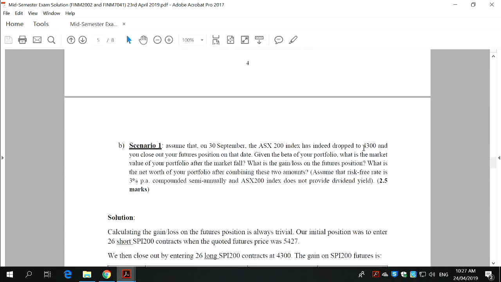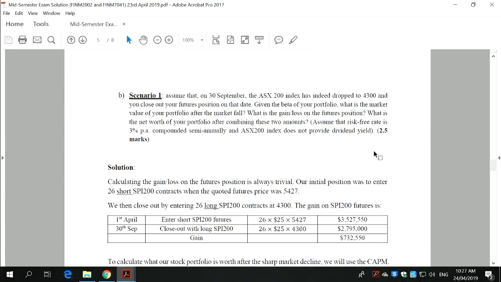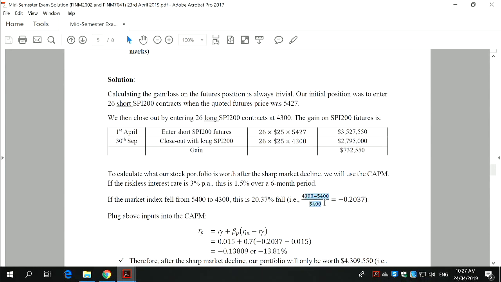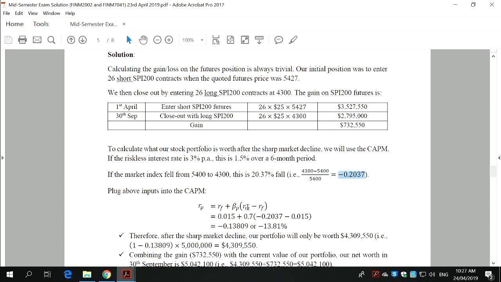Now it's fallen to 4,300. So you can work out the return on the market is negative 20.37%. So the market provided a return of negative 0.2037. So that should be the input that you plug into RM, right?